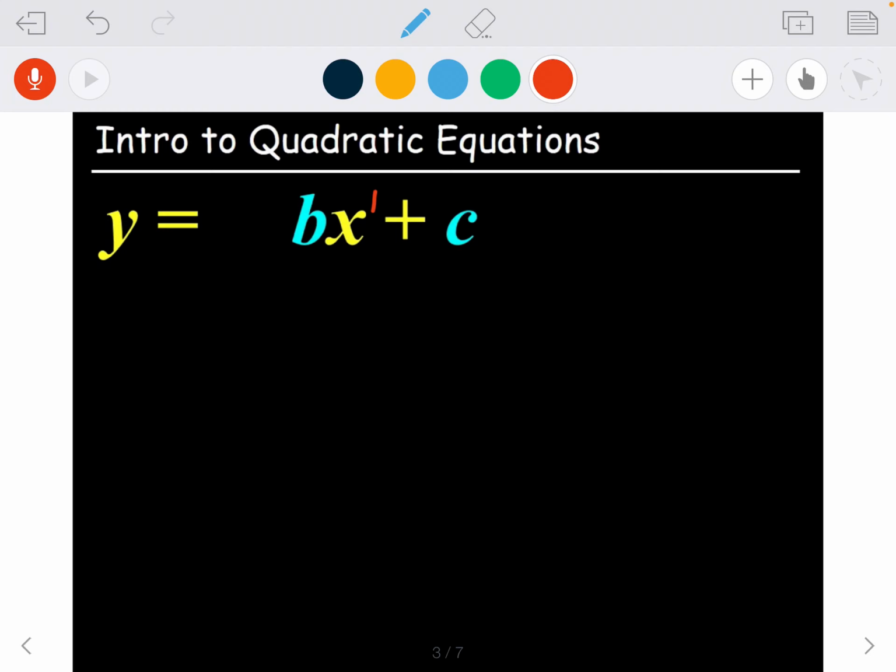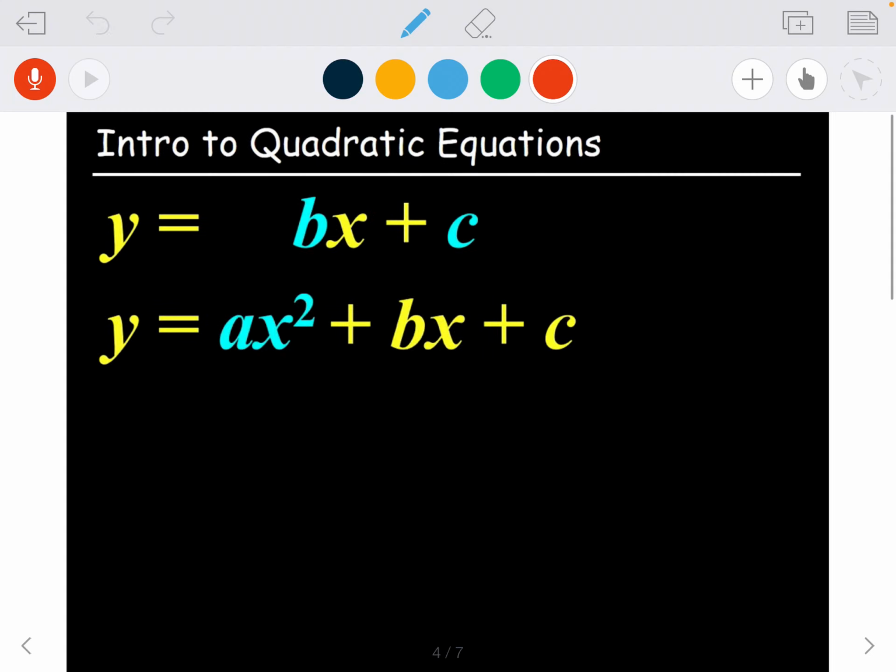But what if we have an exponent of 2? Well, we find out that that makes a quadratic equation. And it also gives us a new term in the front of the equation. And that new term, as you can see, has an exponent of 2. Now, we still have the other parts of the equation.